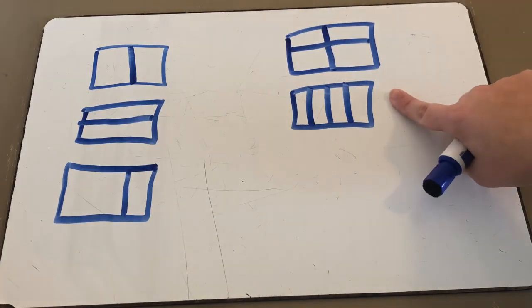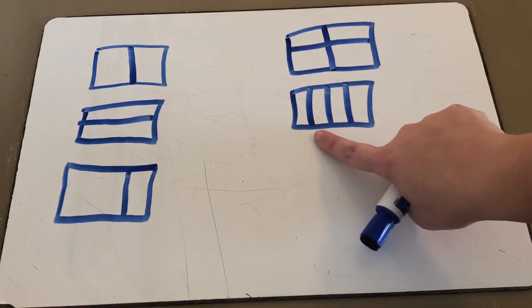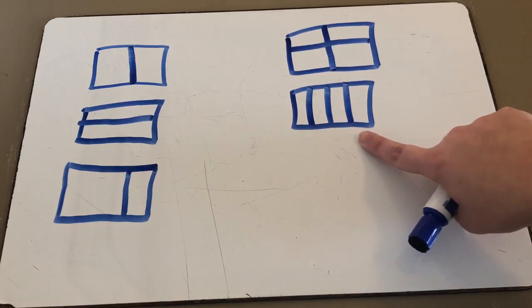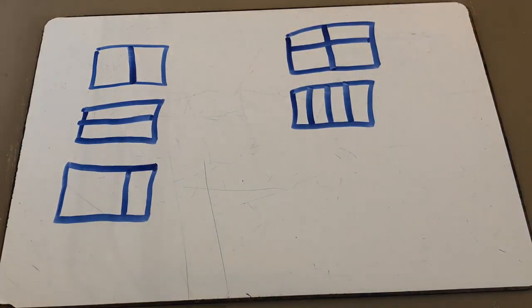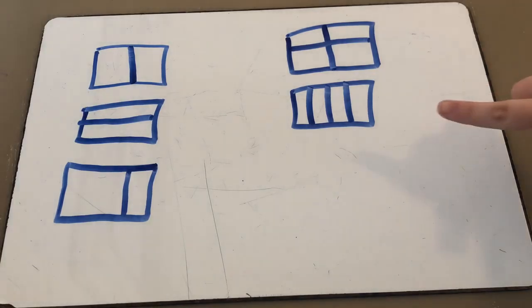If you said it does show fourths, you would be correct. We have 1, 2, 3, 4 equal pieces. How are these two rectangles the same? If you said they're the same because they show fourths, 4 equal pieces, then you are correct.